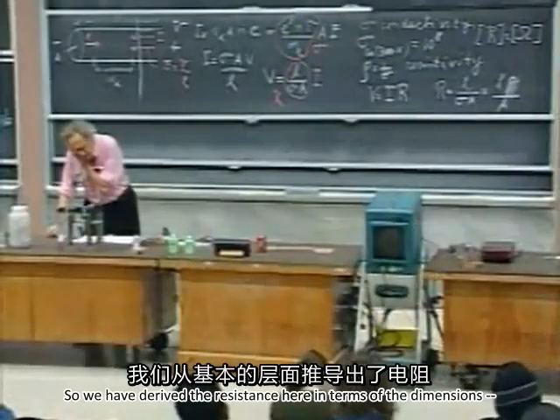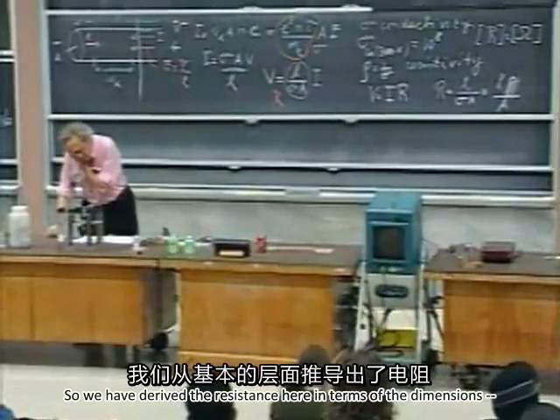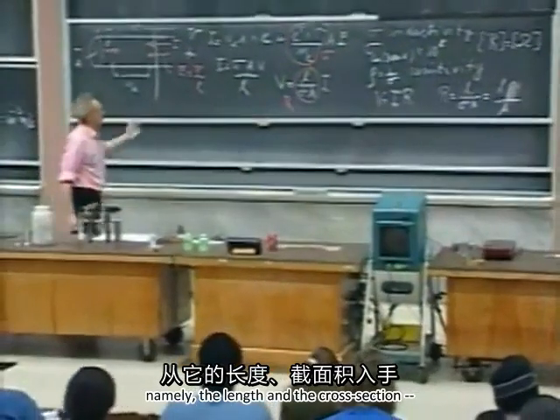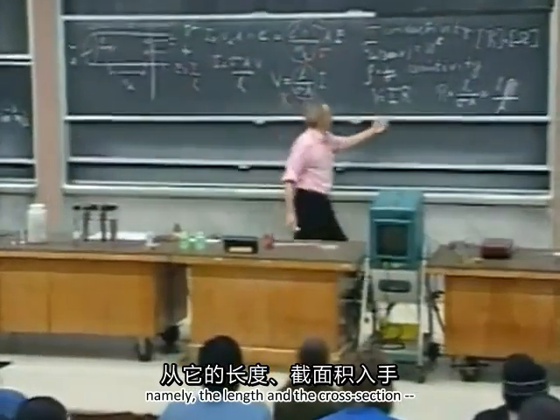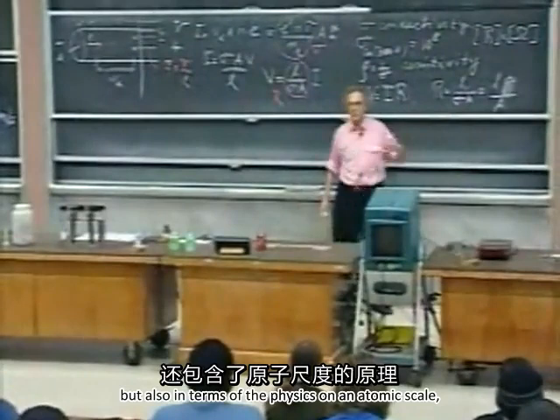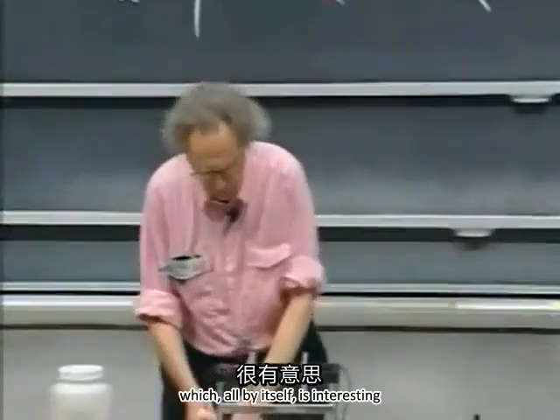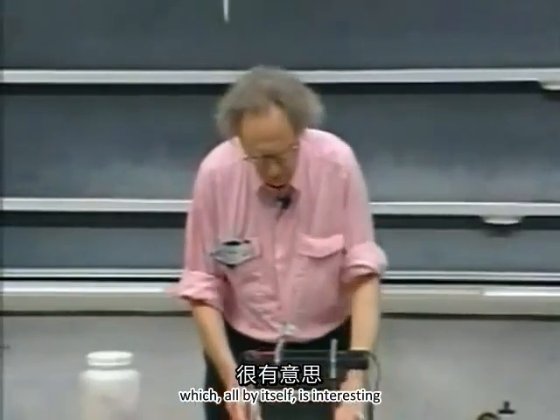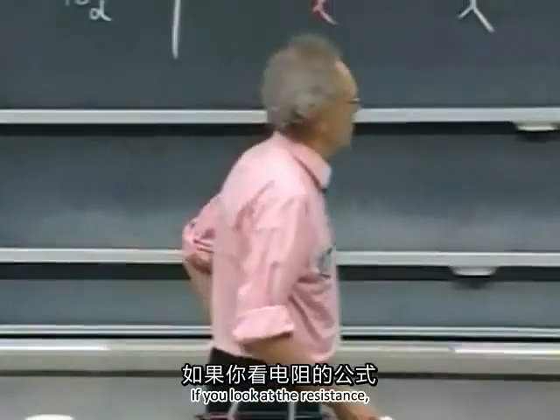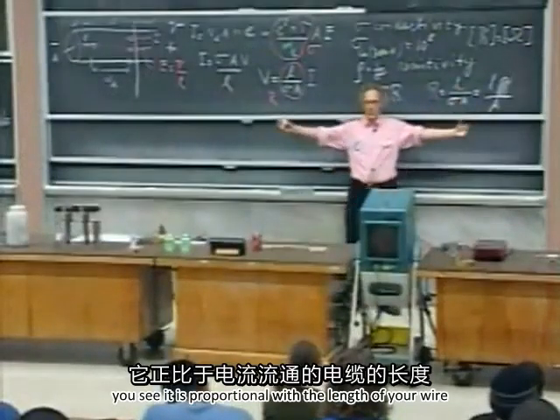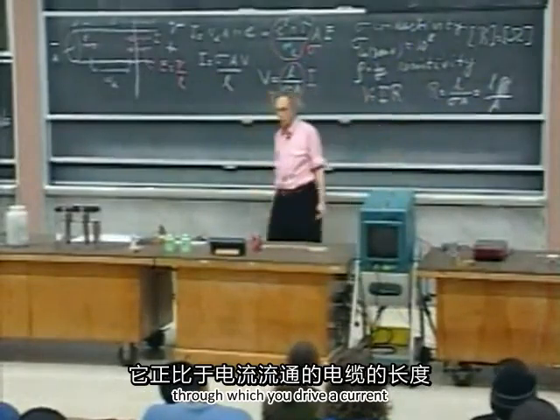So we have derived the resistance here in terms of the dimensions, namely the length and the cross-section, but also in terms of the physics on an atomic scale, which all by itself is interesting. If you look at the resistance, you see it is proportional with the length of your wire through which you drive a current.